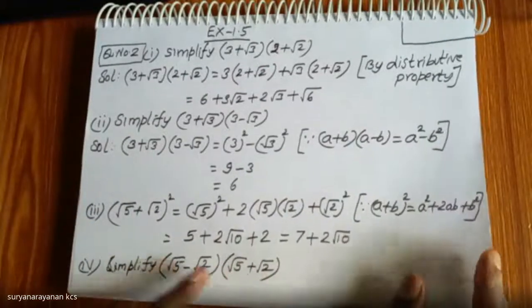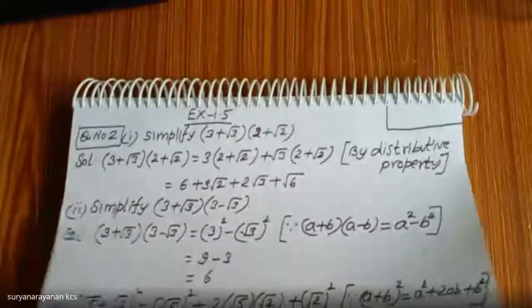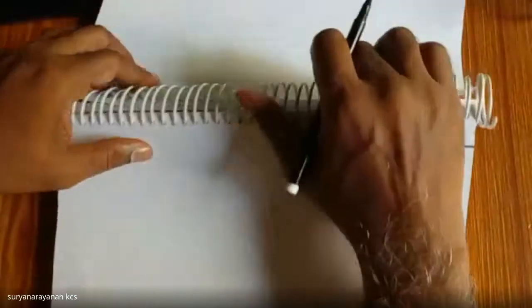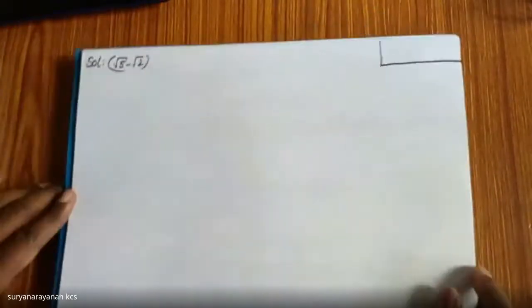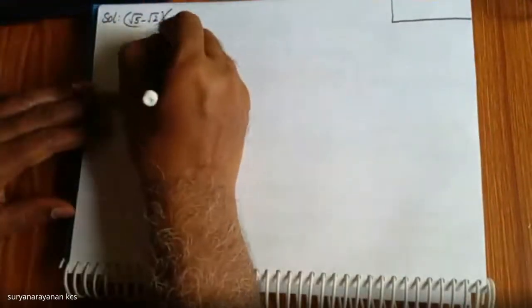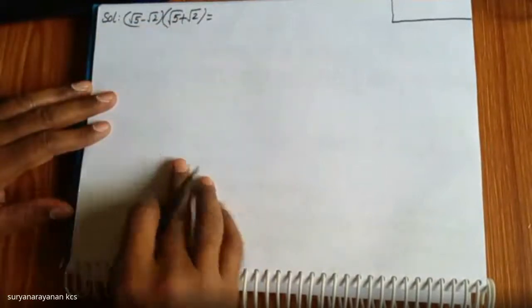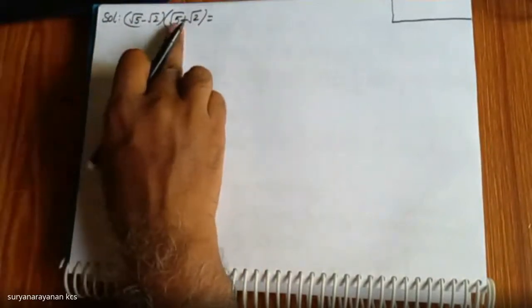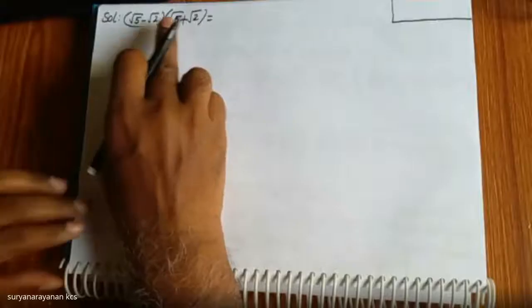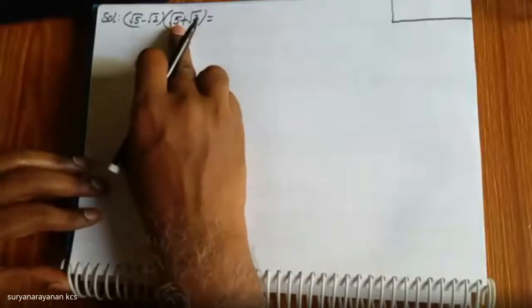We have to simplify these two by multiplying these two expressions. Root 5 minus root 2 into root 5 plus root 2. How do you multiply these two numbers? Sir, a square minus b square. Yes, very good, my dear Bibina.